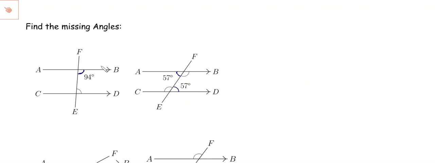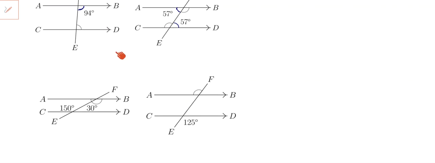So 94 is there, and you're finding the missing one, the other one that has the arc. The 30 is not this one, it's this one down here. And 150 is this one, so you have to work out this one and this one. Got it? 125 is this one, and you're going to work out the rest.